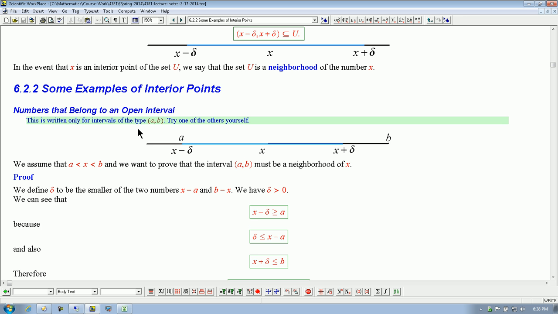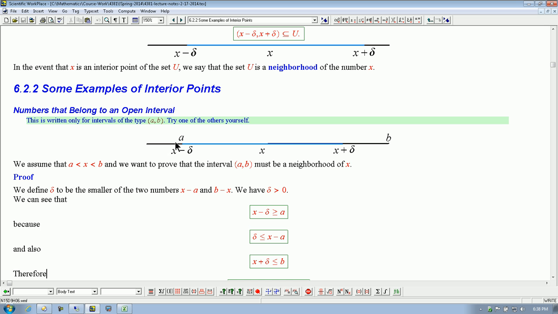It actually works for all kinds of open intervals. An open interval that runs from a number A to a number B, that's the hardest of all the cases, and that's the one that I've done with you. We're going to prove that if A and B are any two real numbers, we've actually done this together, so I'm only reviewing this.